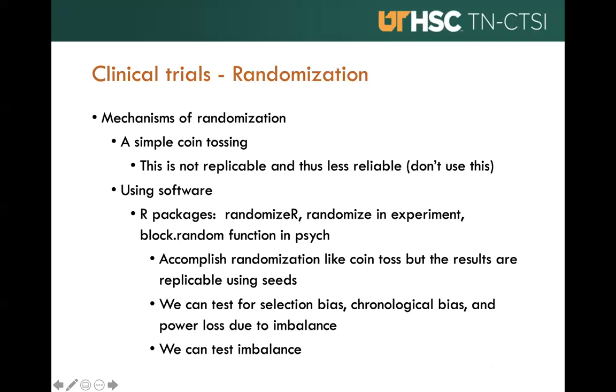We can test for selection bias and, like I said, chronological bias and power loss due to imbalance. Chronological bias is a bias, or differences, that can happen due to the effect of time on participant assignment to the treatment arm.